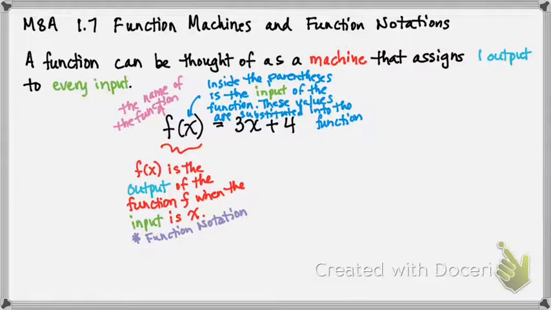And then the 3x plus 4 is the rule. So it's basically how you determine what the output is, you apply this rule. So it's the rule used by the function machine.